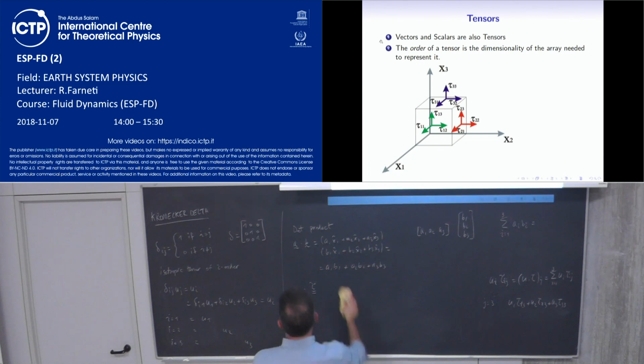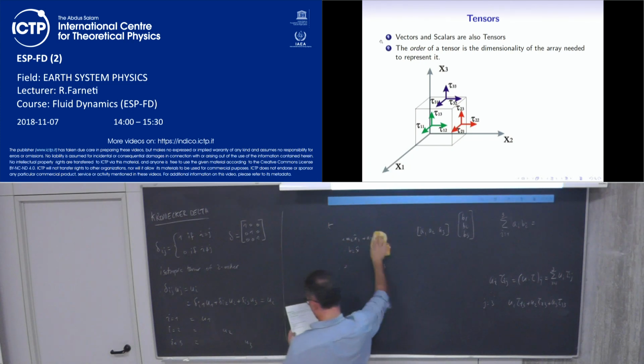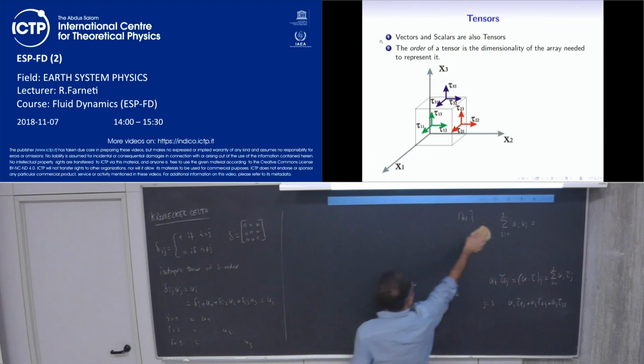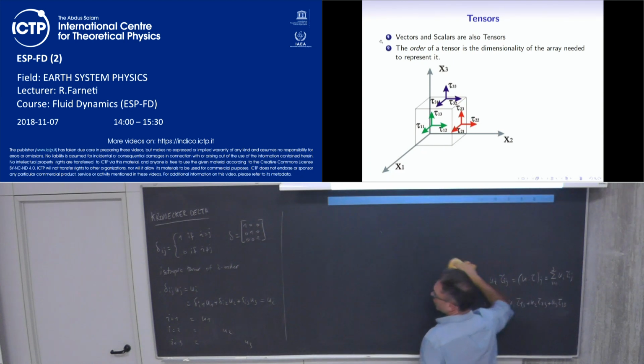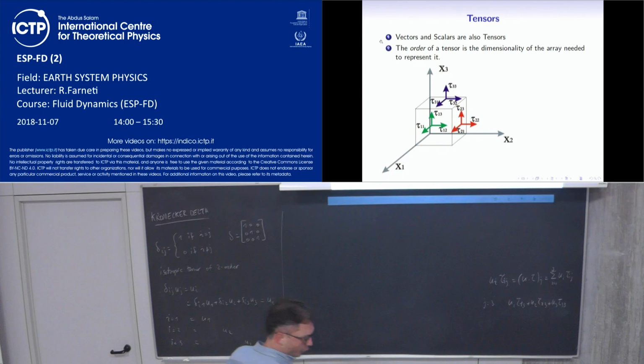Then we have another useful tensor, which is, again, an isotropic tensor, but of third order.